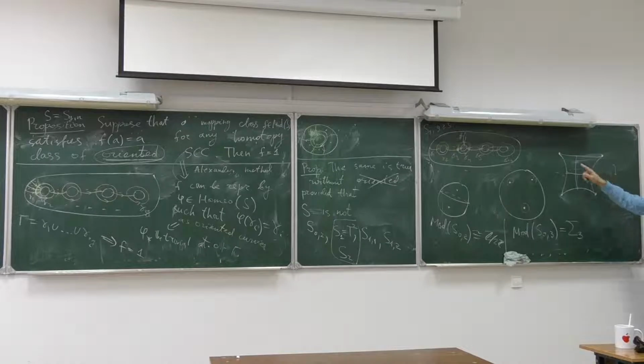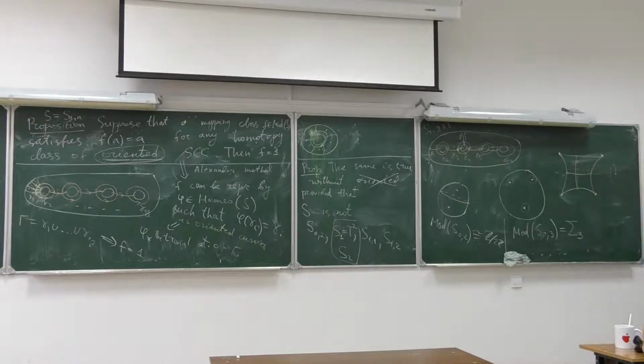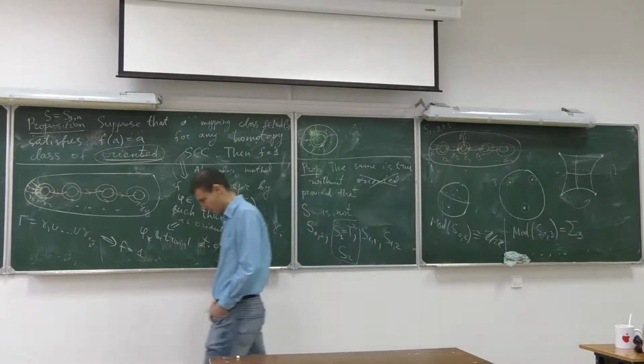Neither the argument with intersection numbers nor the argument with count of punctures works. And there is another rotation here, which swaps these two curves.